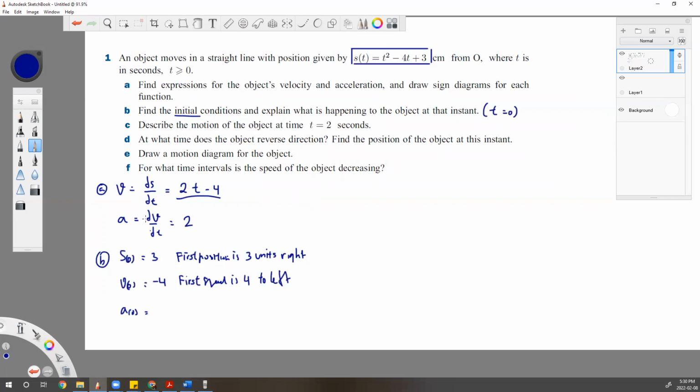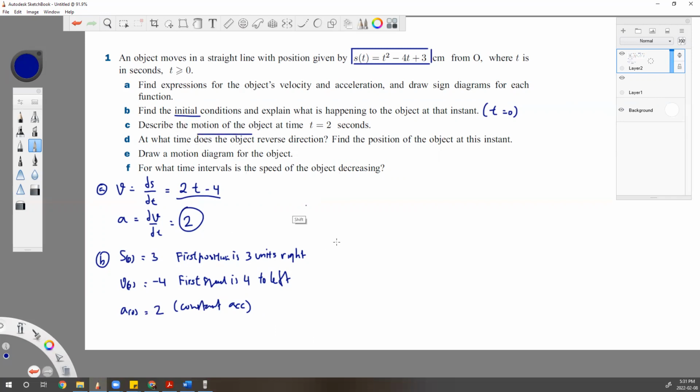a0 equals 2 itself. It has nothing to do with the time, so it's constant acceleration, unchanged by the time. So when the time is increasing, a remains the same too. Describe the motion at t equals 2.